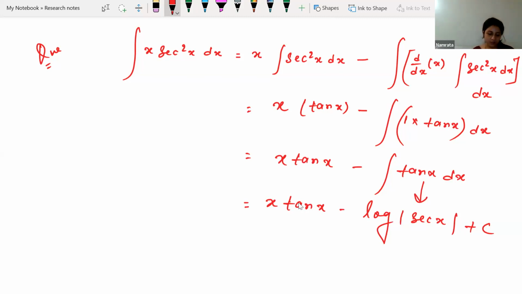In which chapter have you learned this? Integration of tan x will be this one. Actually, it came out from the concept of substitution only.